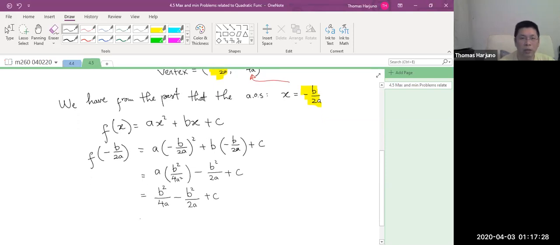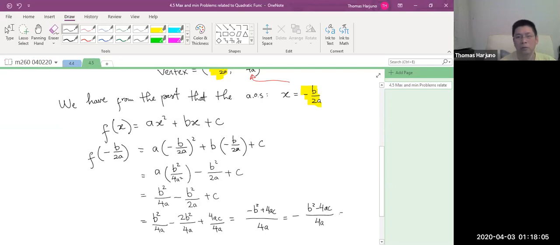Now let me do the LCD. The LCD is 4a. So I will get negative b squared plus 4ac over 4a. If I factor the negative out, I get negative b squared minus 4ac over 4a.